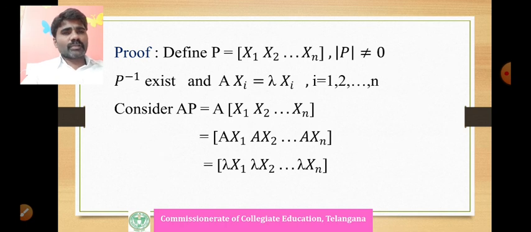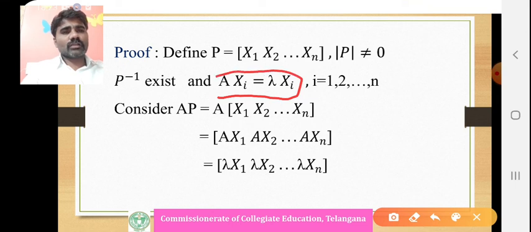Now the proof of the theorem. Let us define the matrix P equals x1, x2, up to xn. Here x1, x2, xn are eigenvectors of matrix A corresponding to the distinct eigenvalues lambda 1, lambda 2, lambda n. Then, by the definition of eigenvalues and eigenvectors, A xi equals lambda i xi.